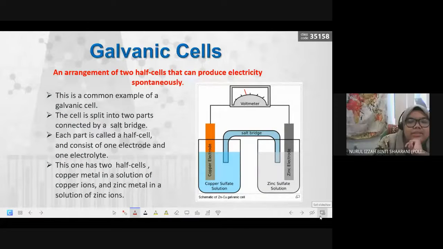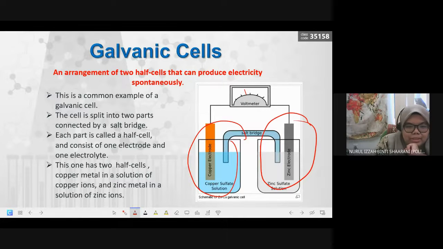Okay, so this is a half cell. Ni separuh sel lagi lah. So each cell ada electrode. So ada zinc and also ada copper. And then yang liquid ni is considered as an electrolyte lah. So this one has two half cell. Copper metal is a solution of copper ion and zinc metal is in a solution of zinc ion.